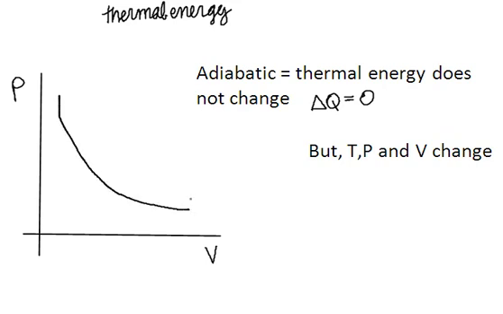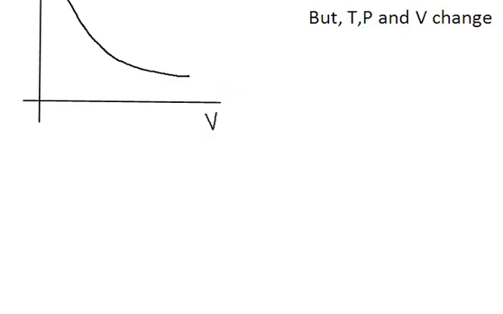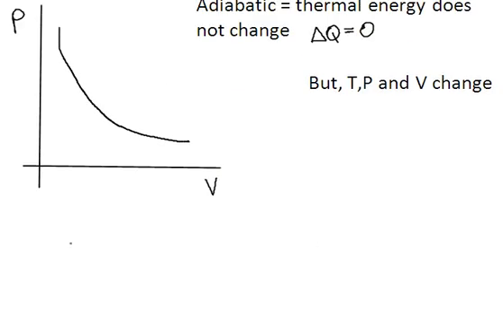So the only way you can tell an isotherm from an adiabat is to test with the combined gas law equation. Do you remember the combined gas law equation? P naught V naught over T naught equals PV over T? Okay, so let's look at this in the first law of thermodynamics.